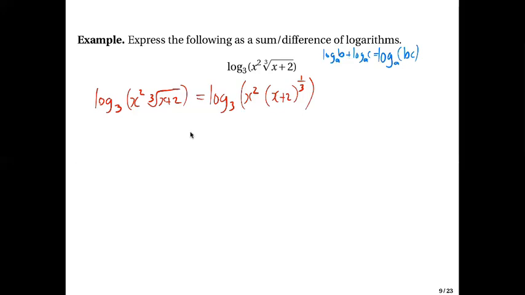Okay? So we do that here. We get log base 3 of x squared plus log base 3 of x plus 2 raised to 1/3.